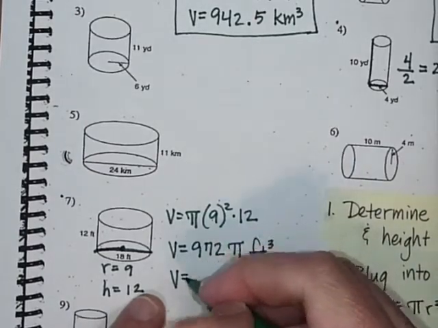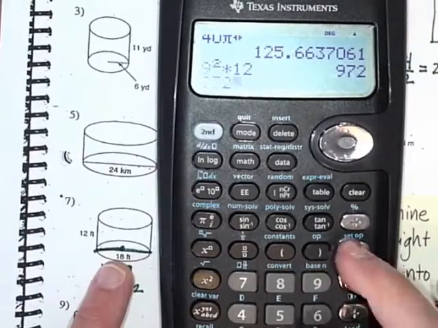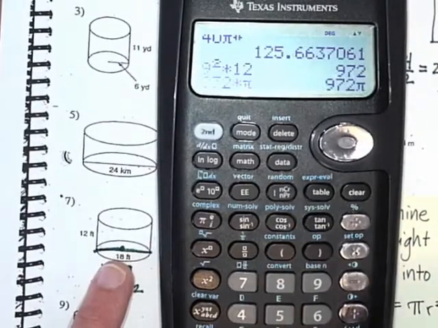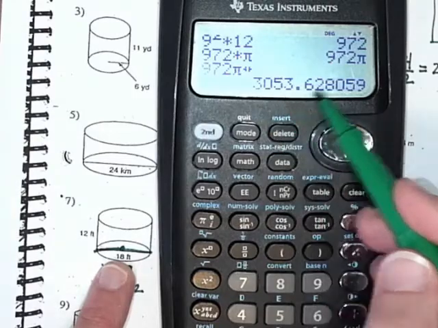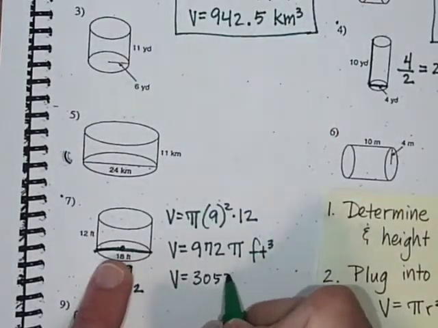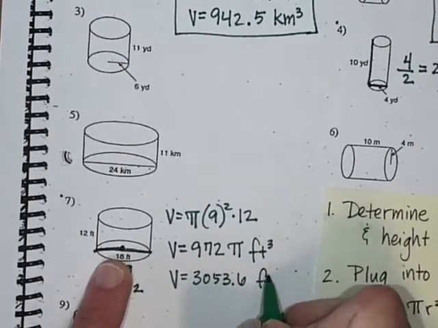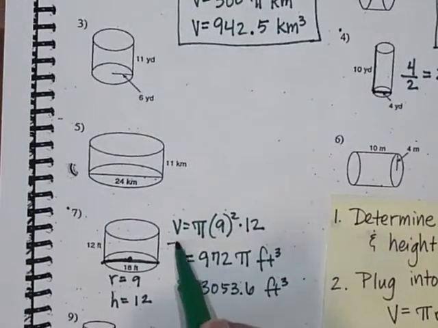And now write it the other way, where you actually multiply that times pi, and we get 3053.6. Okay, and that's it. That is your answer.